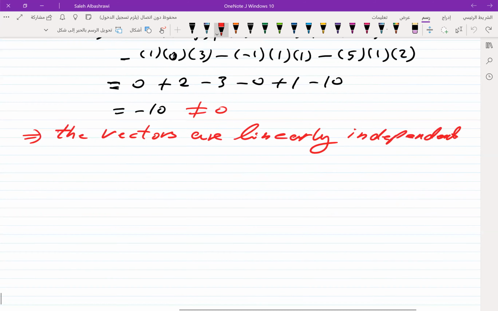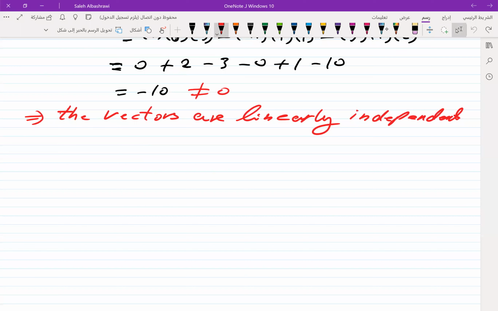Another example, number 2. Take U1 equal to 2, 6, 3. U2 is 1, minus 1 and 4.